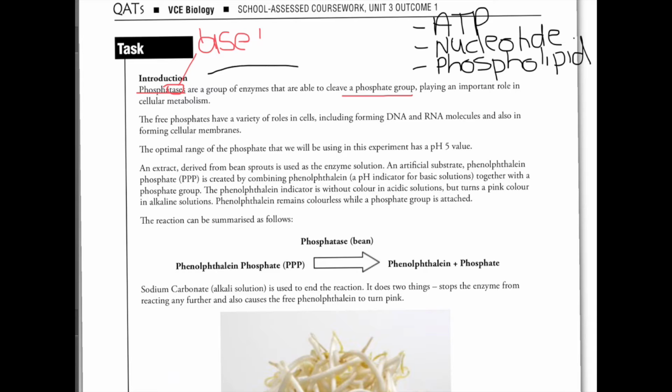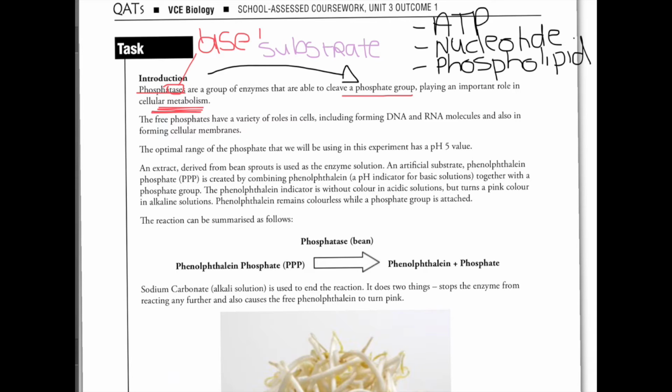So this, obviously, here is their substrate. They need to bind to that in order to cleave it off. And they play an important role in cellular metabolism. Now, metabolism is just the total amount of reactions that are occurring within your body and how fast they're occurring. It's a word that we use every day.